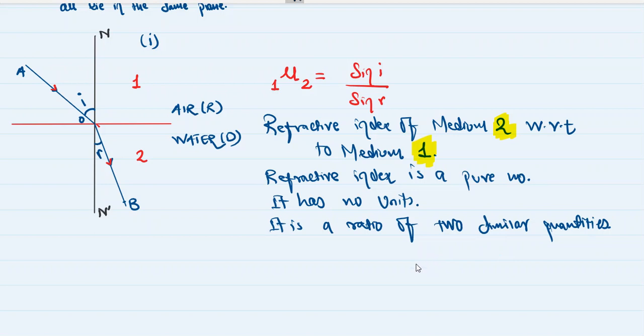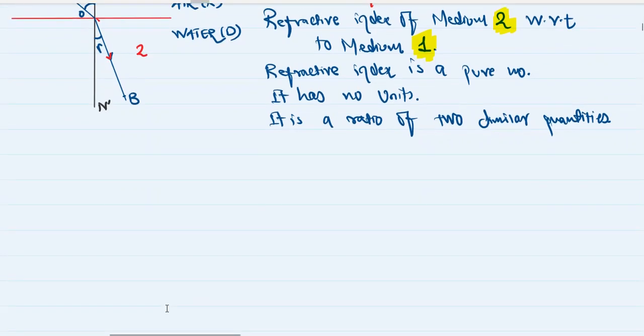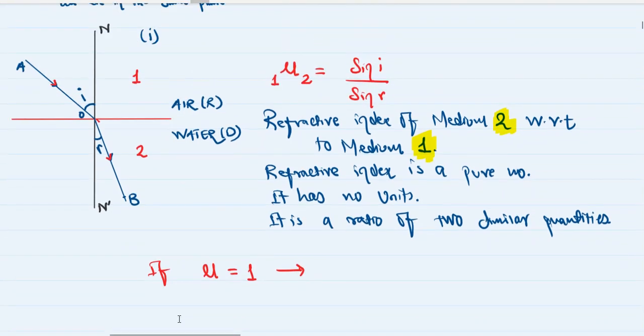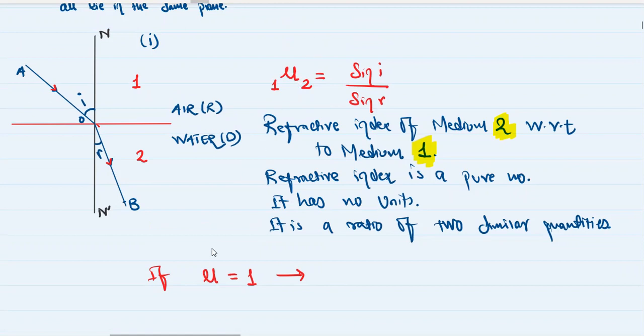Okay, so what does refractive index tell us actually? If we see this number, what does it tell? See, I'll tell you. If refractive index is equal to 1, it means that, okay, before I write what it implies, let me tell you the symbol.